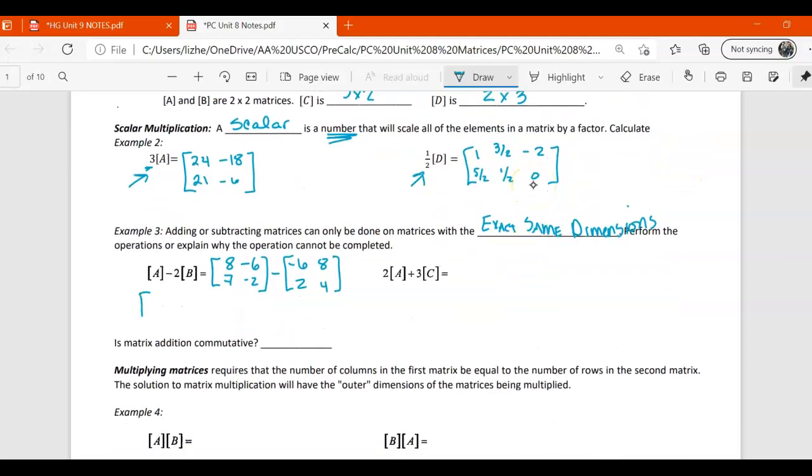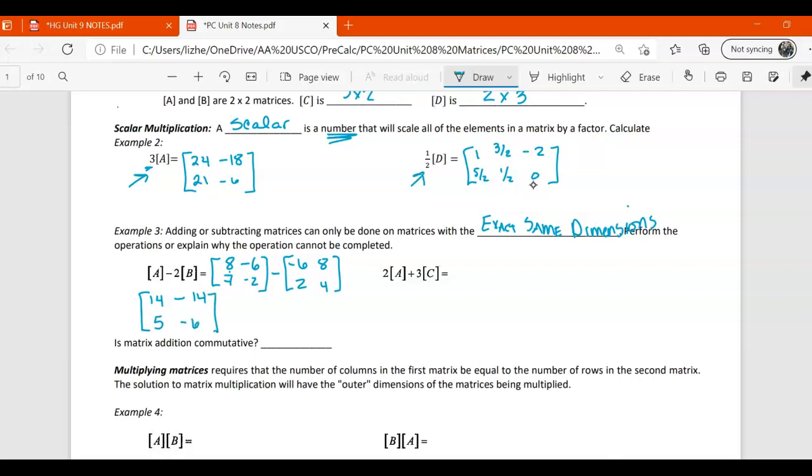I subtract each corresponding number. So 8 minus a negative 6 would be 14. Negative 6 minus 8 would be negative 14. 7 minus 2 would be 5. And negative 2 minus 4 would be a negative 6.